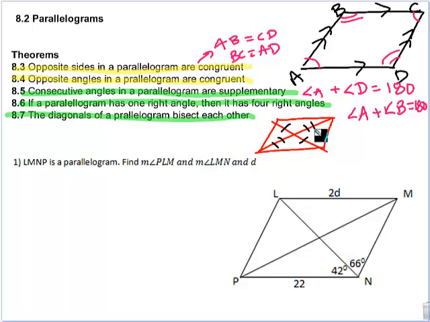Okay, so our first example, we have LMNP is a parallelogram. We want to find the measure of angle PLM and the measure of angle LMN and D. What do you want to try to find first?